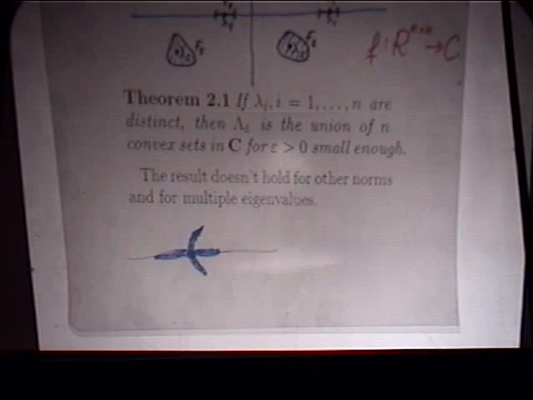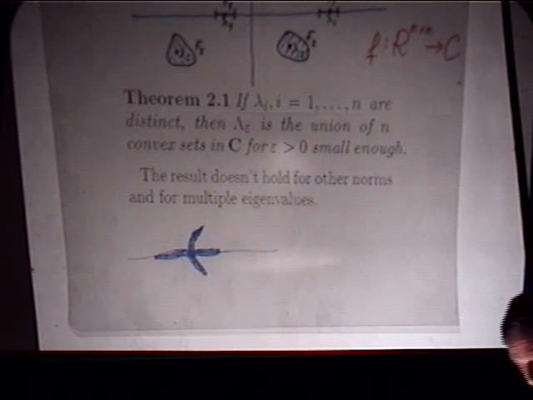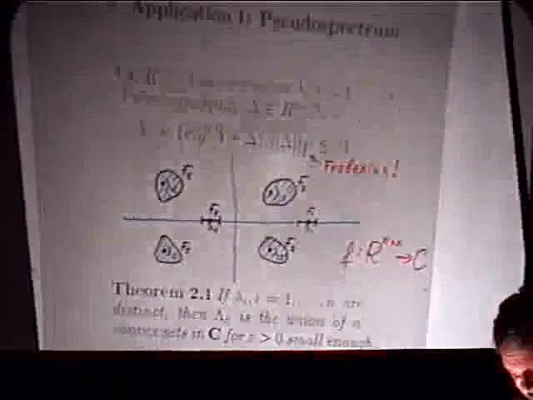For instance, a norm which corresponds to interval matrices, say the norm of a matrix equal to the maximum of the absolute values of its entries. Then these sets are non-convex.